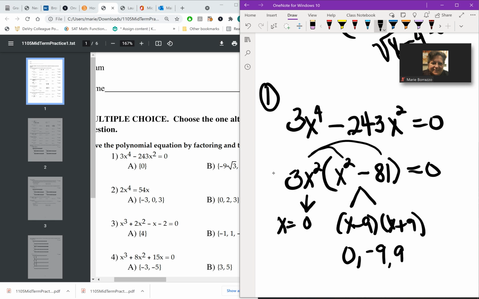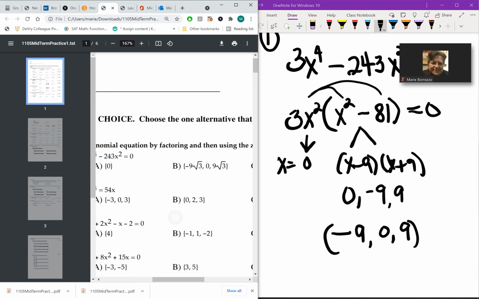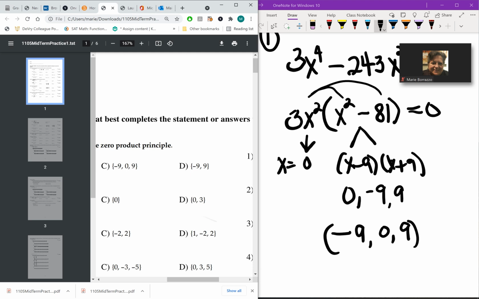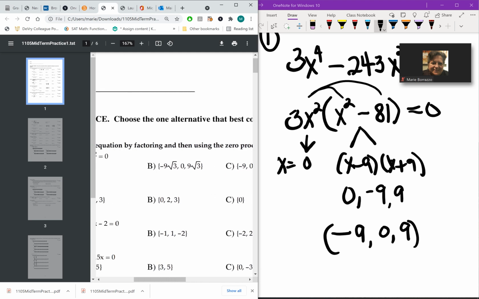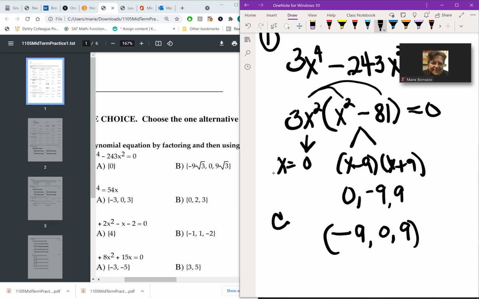And usually we write these, as I've always stated, in number line order, in a sense, numerical order. So I would write this as negative 9, comma 0, comma 9. I believe in your answer choices, this should be answer choice C. And that is what your answer is for number 1 in this review.